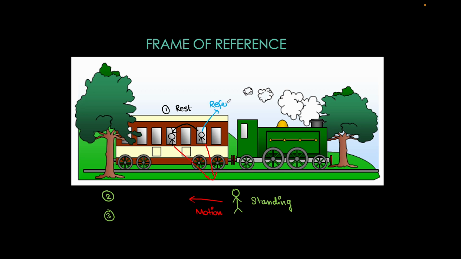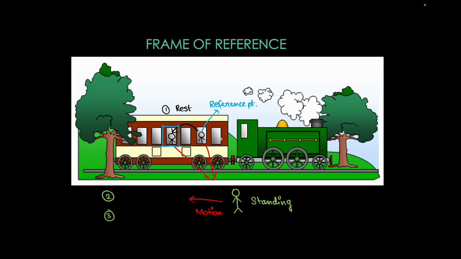In the first example where you are looking at your co-passenger, right? Now, in this case, what you do is that you put your co-passenger in an imaginary frame. And what happens inside the frame is that you only focus on him and ignore everything else in the surroundings. This frame with you as the reference point, right, is known as the frame of reference.